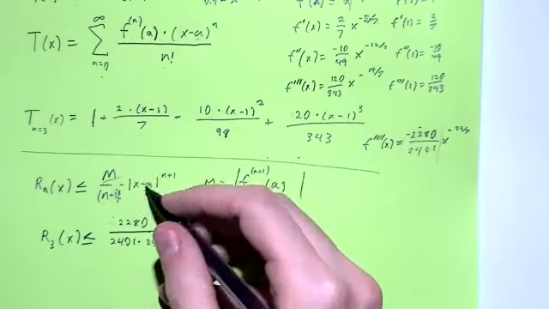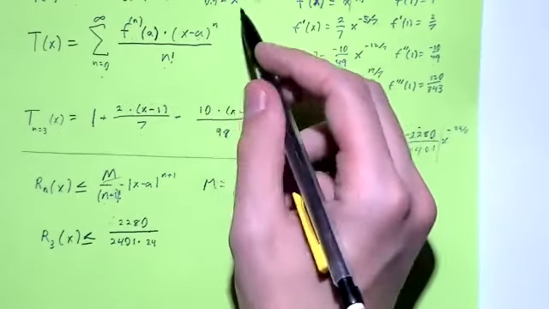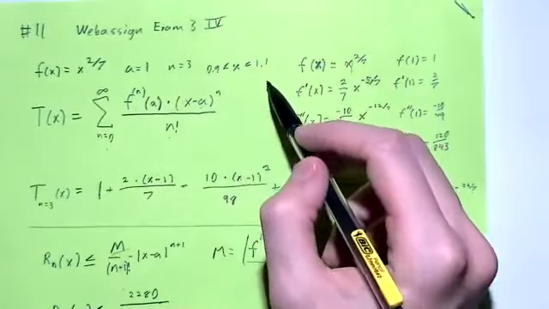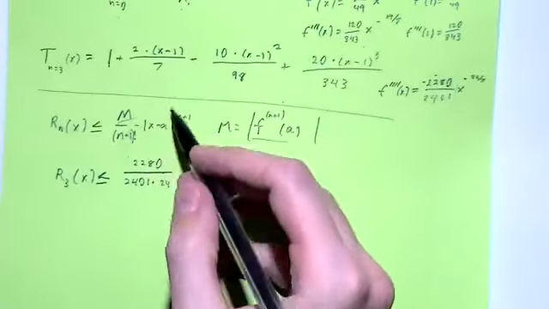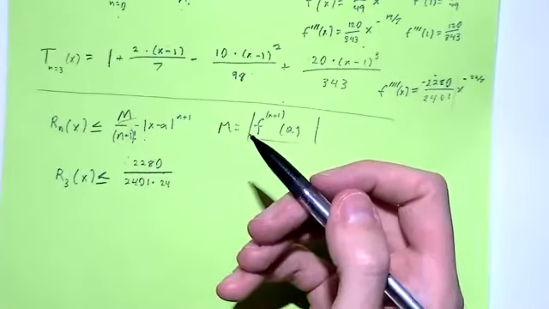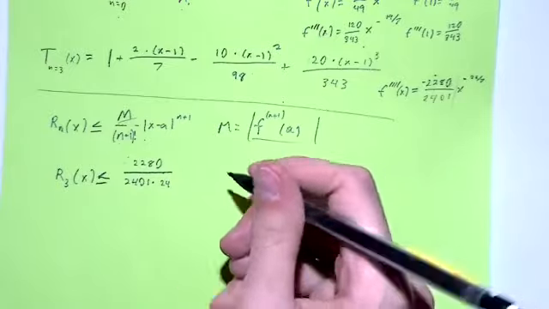So our x is ranging from 0.9 to 1.1, and a is 1. If we have 1.1 minus 1, we get 0.1. If we have 0.9 minus 1, we have negative 0.1.